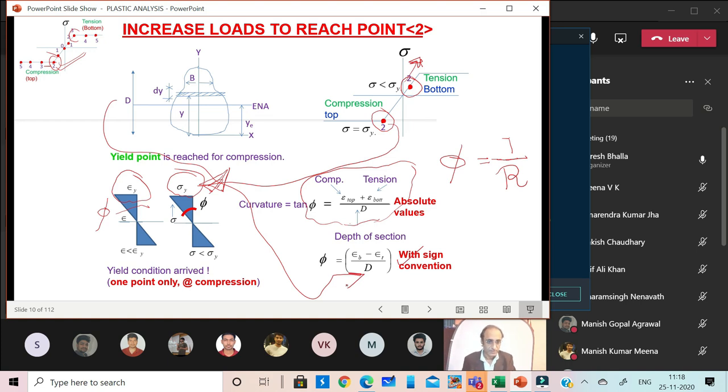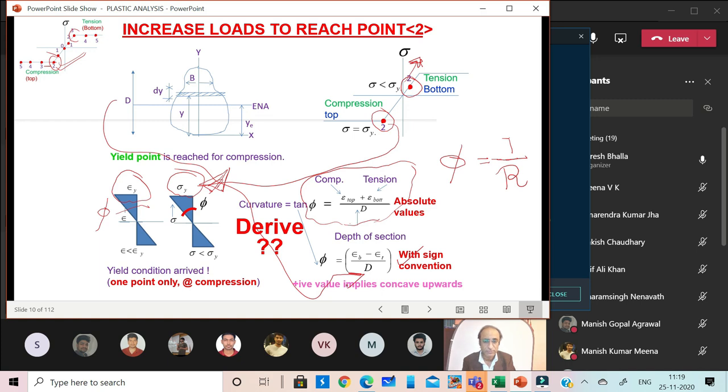Alright, I hope the slides are changing correctly and you are not encountering any problem. If the curvature comes out to be positive, that means the surface is undergoing deformation such that the concave surface is towards the upside, just like in the case of sagging conditions, and in the case of hogging conditions we'll get negative curvature.